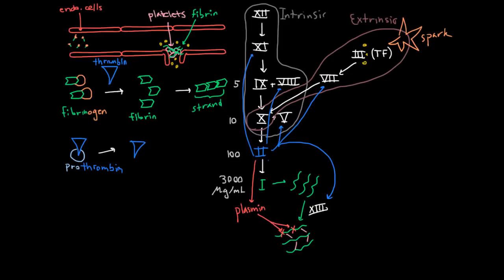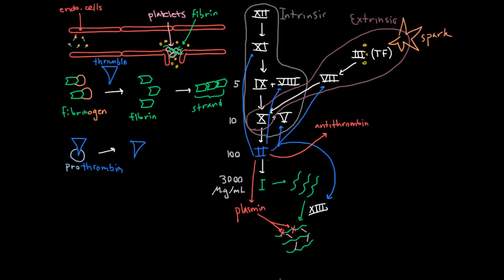So that's one helpful factor, but that's not really an example of negative feedback because it won't prevent the continued production of all this. And so another example is that thrombin actually stimulates the production of antithrombin, which is kind of counterintuitive, but that's sort of classic negative feedback.